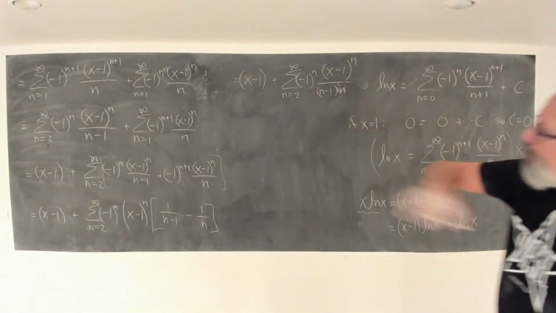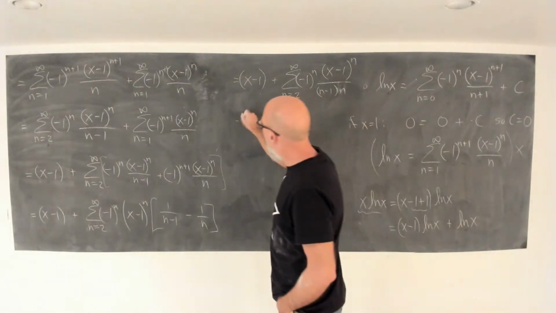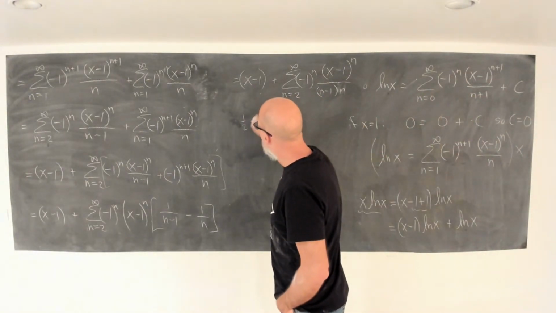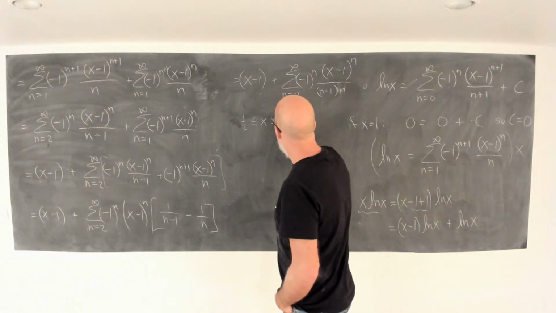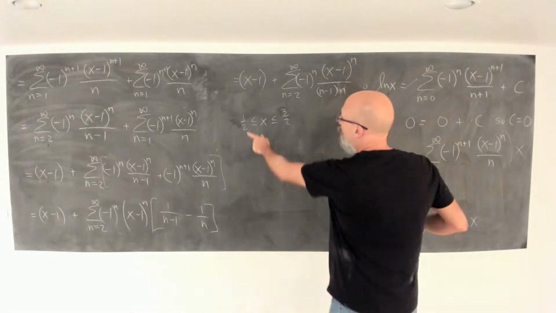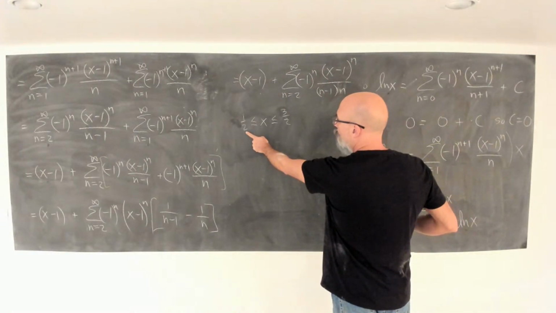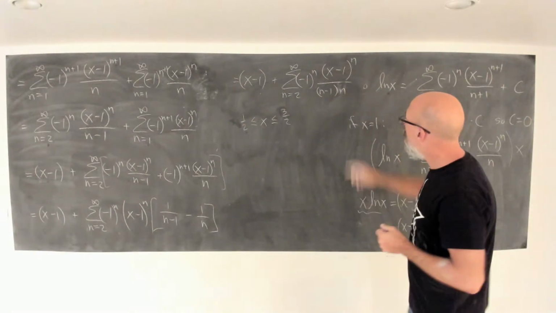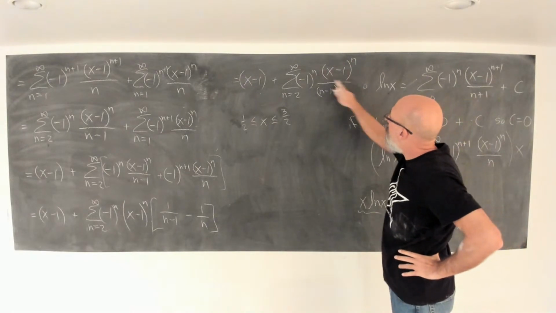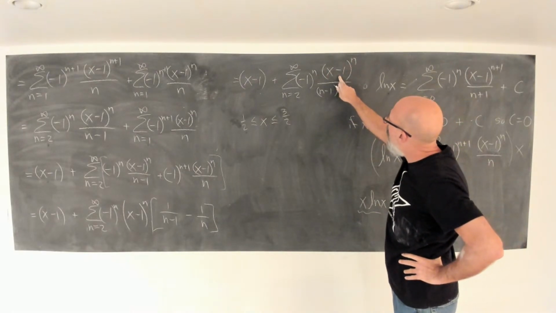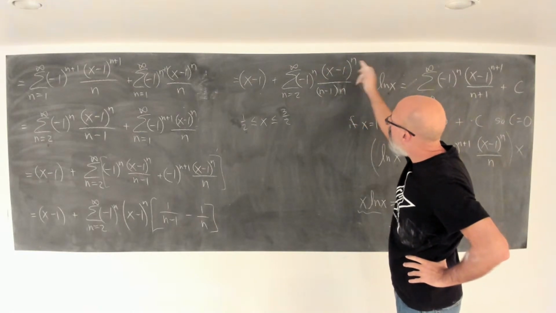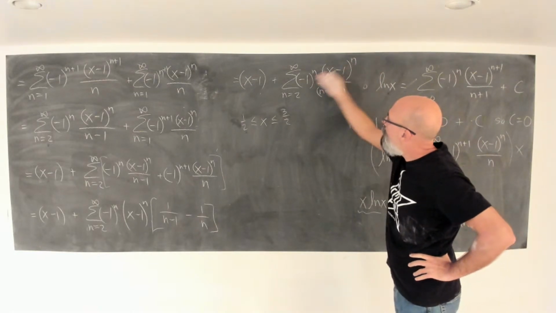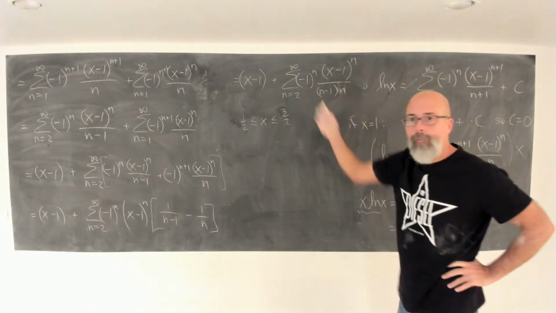What I want to bring your attention to is that recall that x was between 1/2 and 3/2. So if you take x to be, let's say, 1/2 and plug it into this, it is going to be negative 1/2 to the n, which you could rewrite as negative 1 to the n, 1/2 to the n, and then the negative 1s to the n cancel.